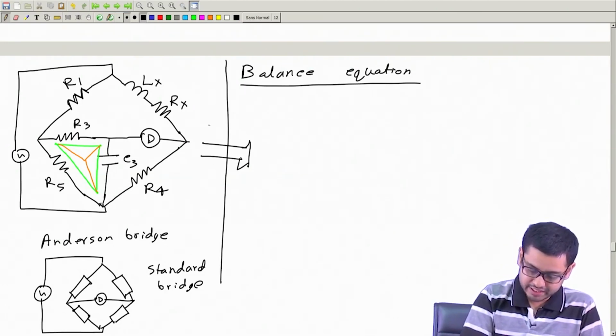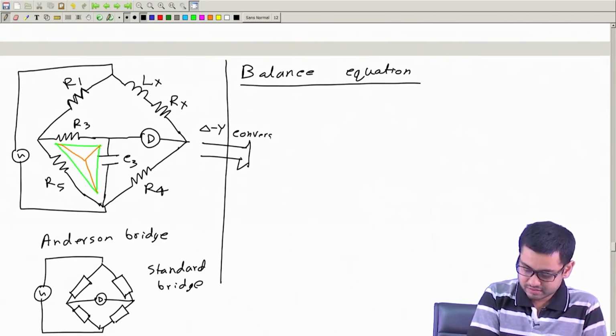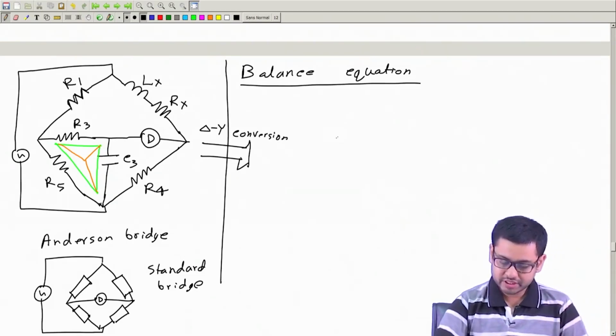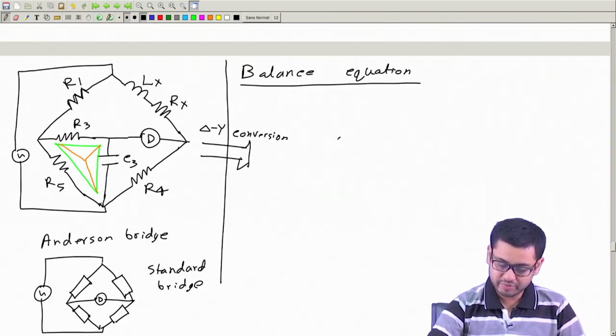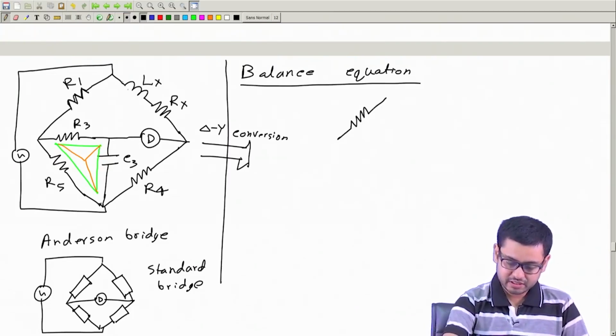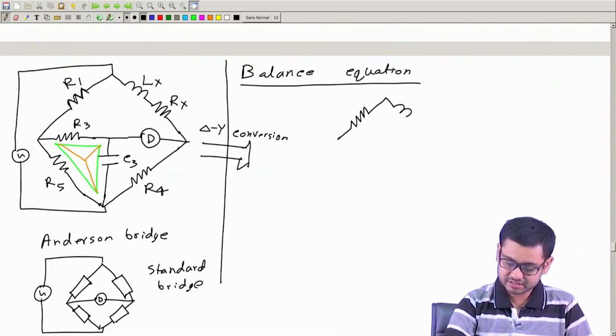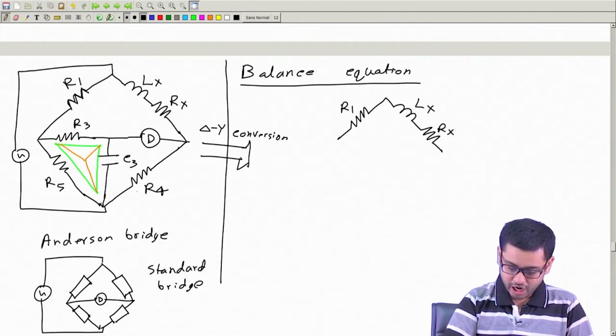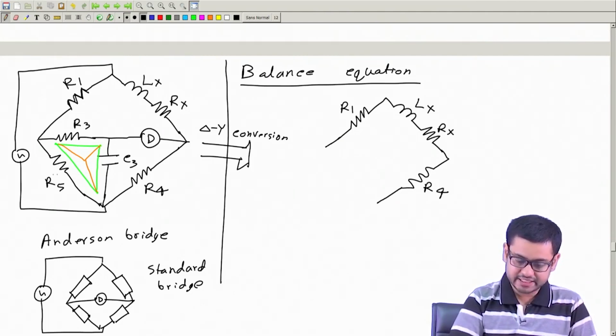So using delta to star conversion, R1 will remain as it is, R4 will remain as it is, and this part will change its shape.